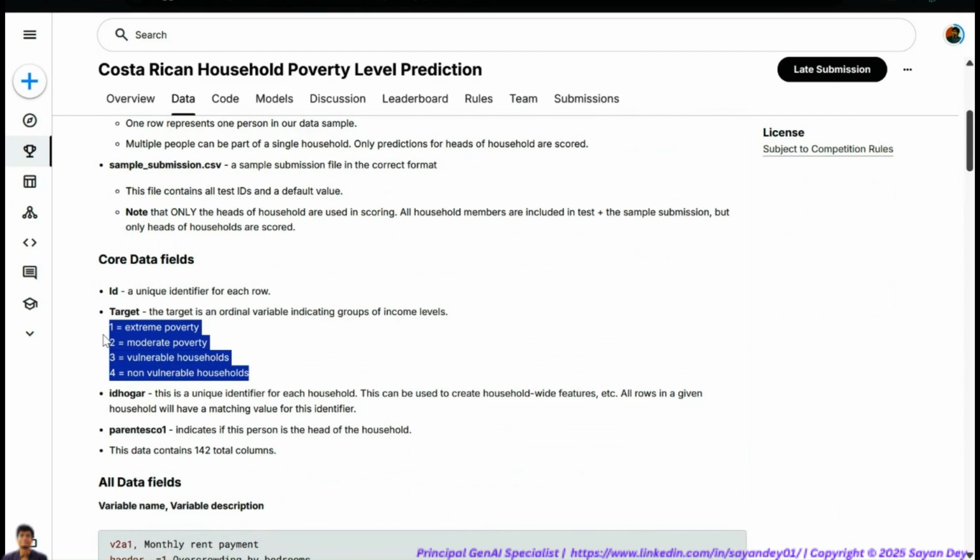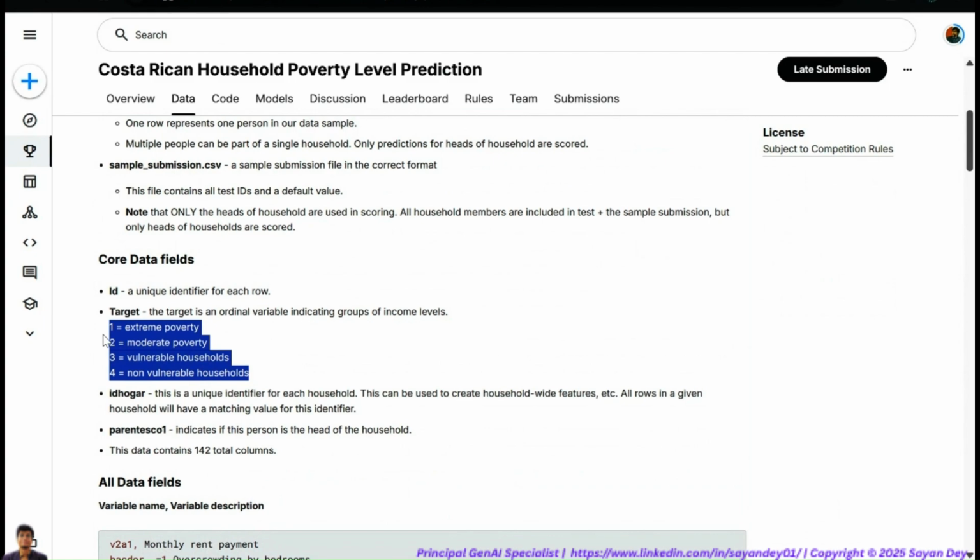You will find a lot of cases where the model predicted moderate poverty, but actually it is vulnerable. But if you think about it, they're all poor, right? It is able to classify the poor part correctly, but what it is not able to classify that well is the degree of poorness. And this brings us to a very important discussion in terms of framing the problem.